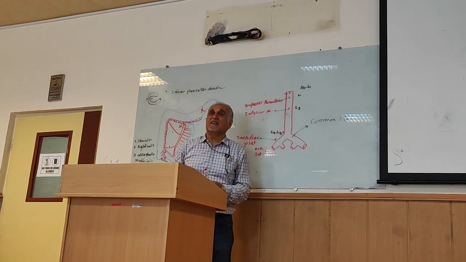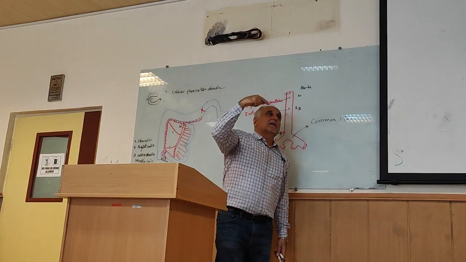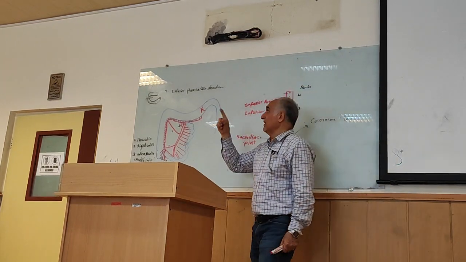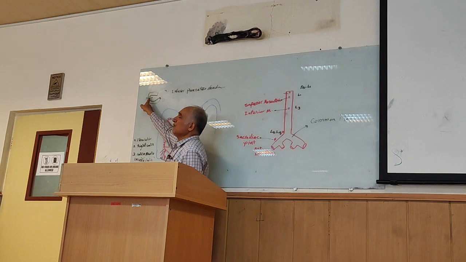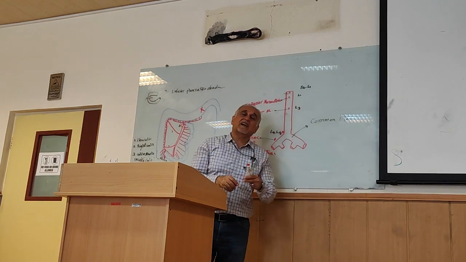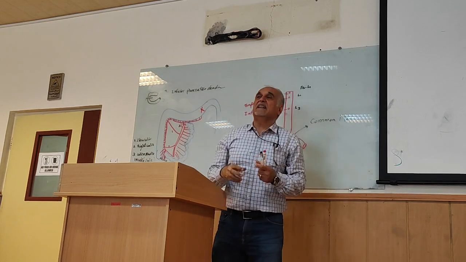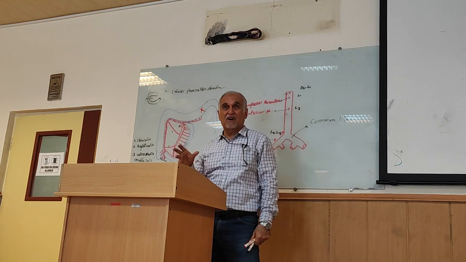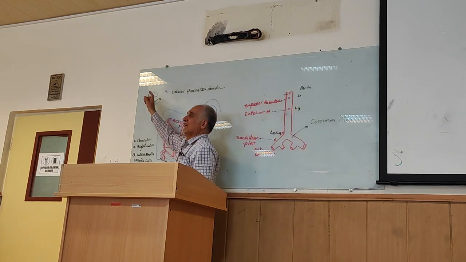Here is the point where the common bile duct from the gallbladder reaches and ends at this part. So this is the part where, in fetal life, the liver bud originates. The liver bud originated at this point.